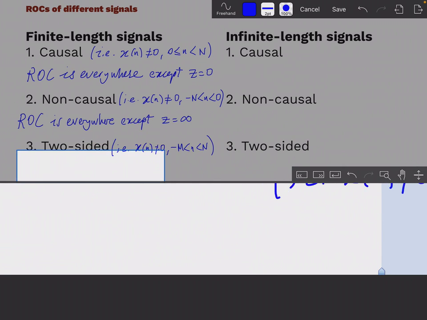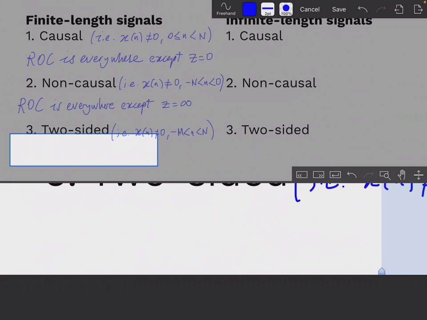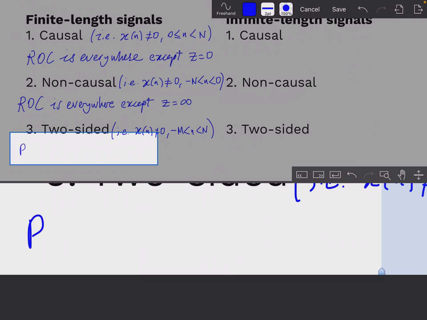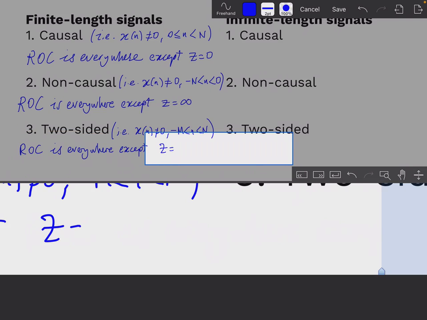So in this case, we can write this kind of a signal as the sum of a causal and an anti-causal signal in different ranges, which means the region of convergence is everywhere except z equals 0 and z equals infinity.